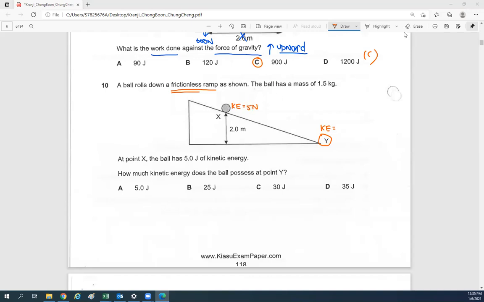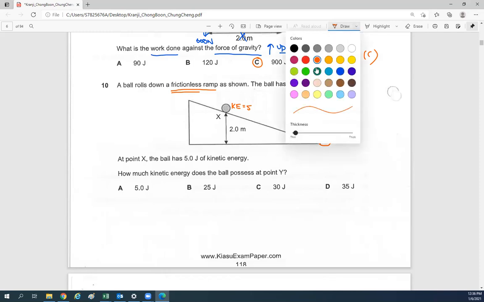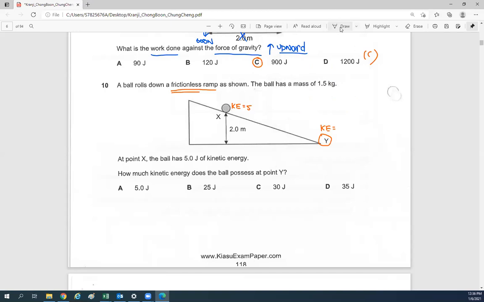They say there's 5 joules of kinetic energy here. But I'm saying the ball has got more than just this Ke. It's got some other kind of energy. What other kind of energy does it have? Is it GPE? Very good. So it's got GPE as well.